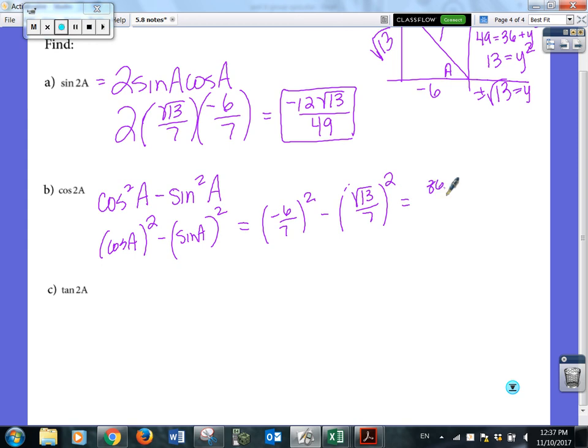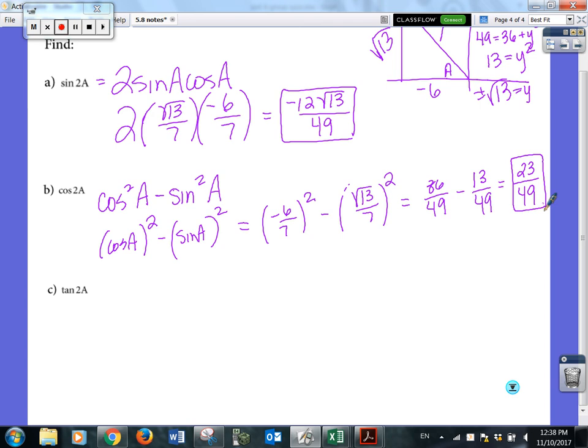So that's 36 over 49 minus 13 over 49. Again, you will have a common denominator. If you don't, you have made a mistake somewhere. It will already be there because we're dealing with sines and cosines, and the denominator is always the hypotenuse, and the hypotenuse isn't changing. So we get 23 over 49.